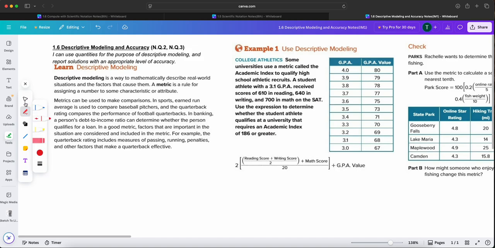So if we look at this, we're going to have our 2, bracket, and then our reading score was 610, plus our writing score, which is 640.